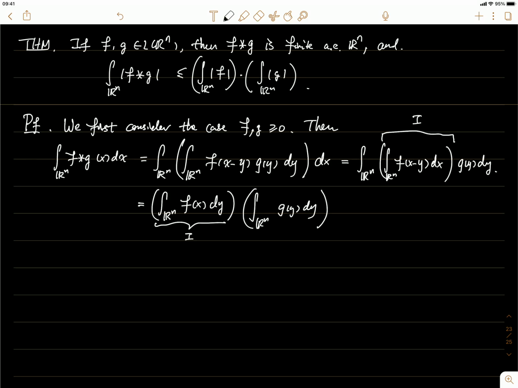The constant is pulled out, and what's left is the product of the two integrals, as we wanted. Since the two functions are integrable, both terms are finite, so the product is still finite. So it's easy to show that the estimate in the theorem is true for non-negative functions.